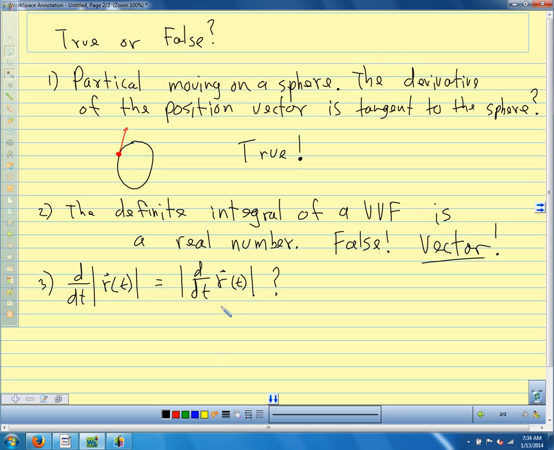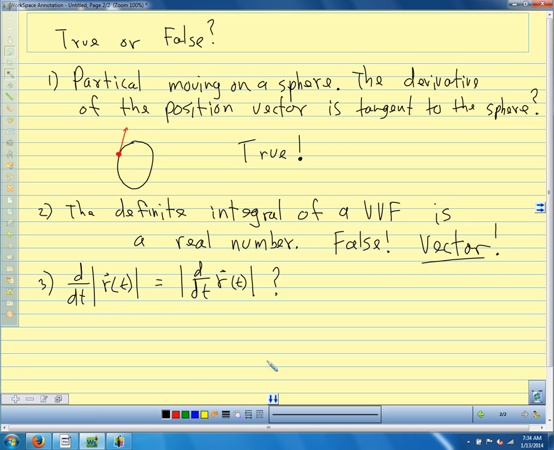And the magnitude of the derivative of the position vector would be, what would that be, Josh? I think that's what you were thinking of before. Since we're taking the magnitude, that would be the speed. If you're moving on a sphere, then the distance from the center stays constant.